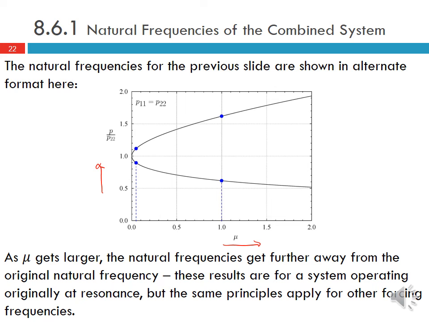The same principles do apply for other forcing frequencies. But if originally we were forcing it at resonance, now we've separated the natural frequencies of our combined system. And for a small mass ratio, they're separated just a little bit. And as mu gets bigger, we can see that these natural frequencies separate more.